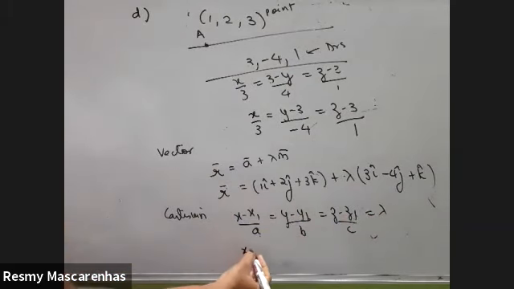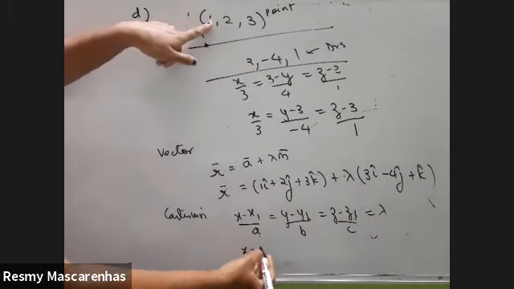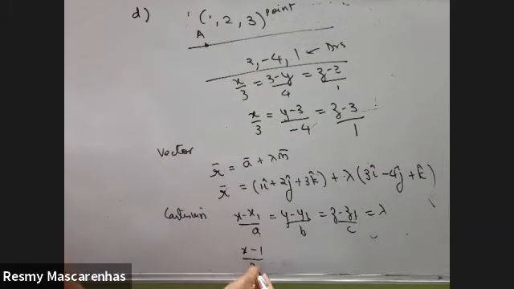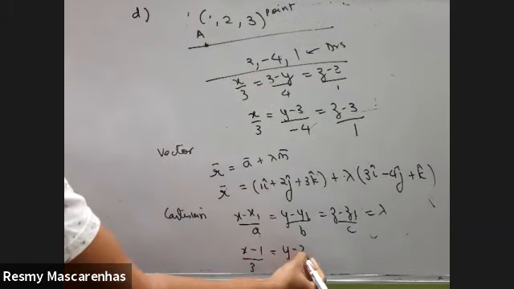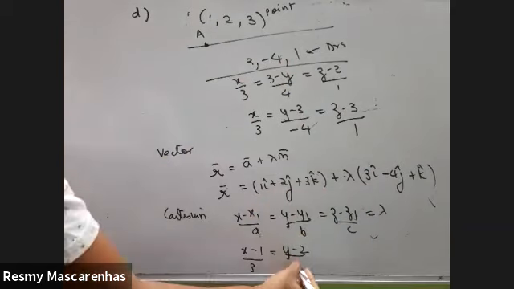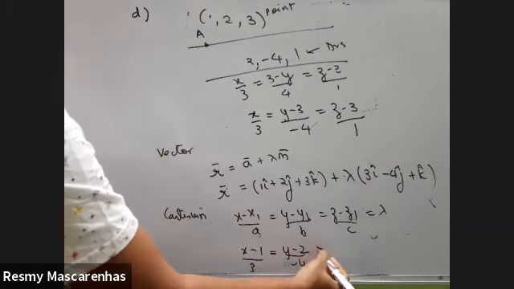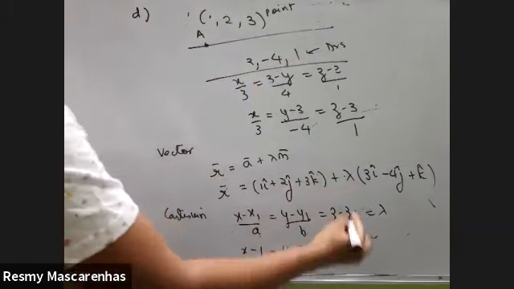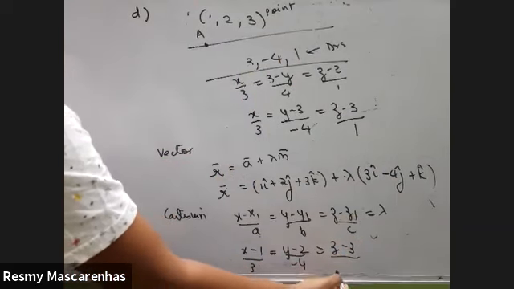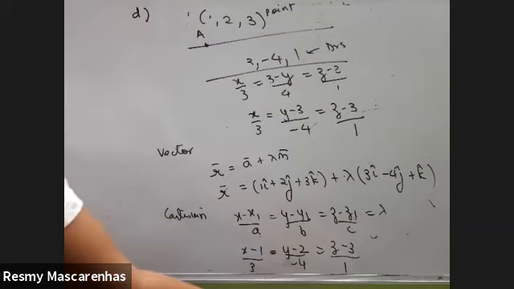And then substitute x minus the point upon 3, y minus 2 upon minus 4, and z minus 3 upon 1. This will be your answer. Is there anyone who has not understood?